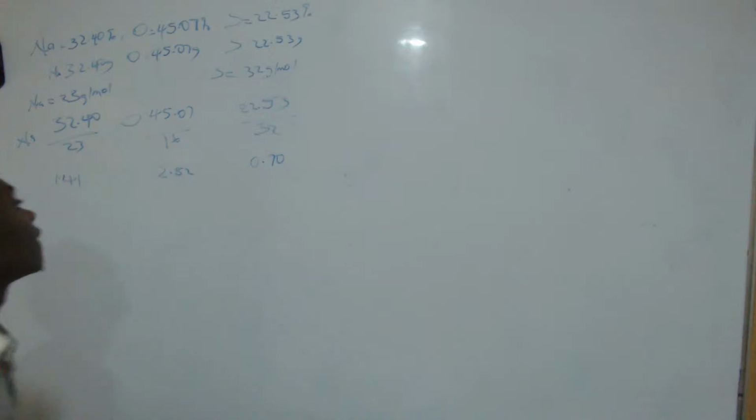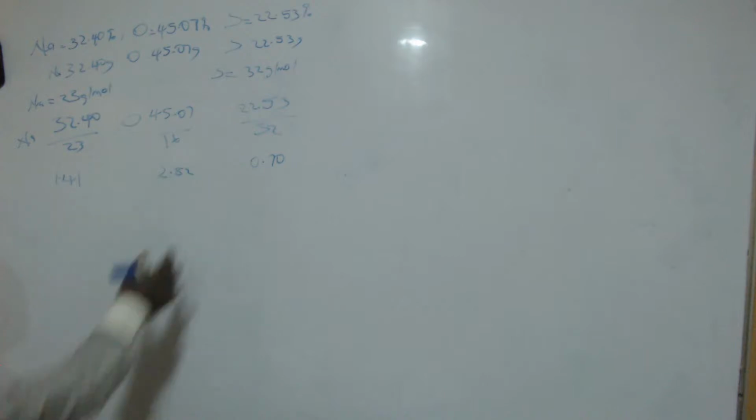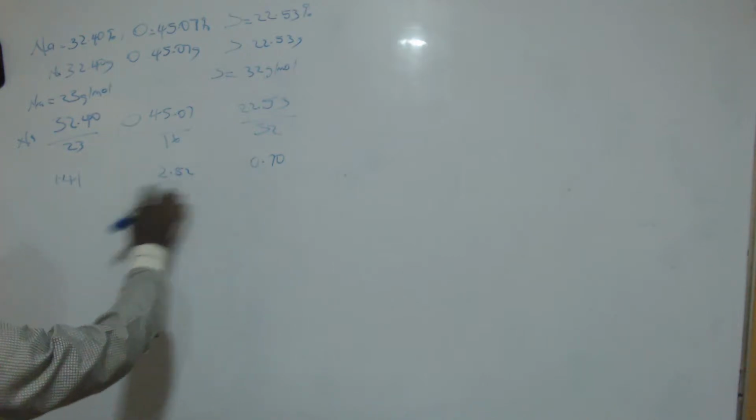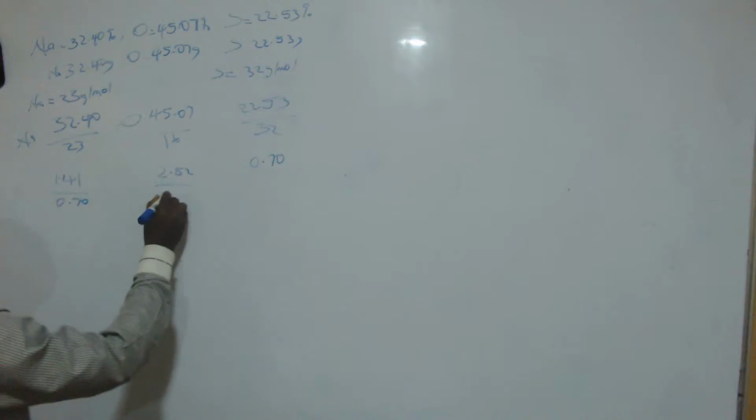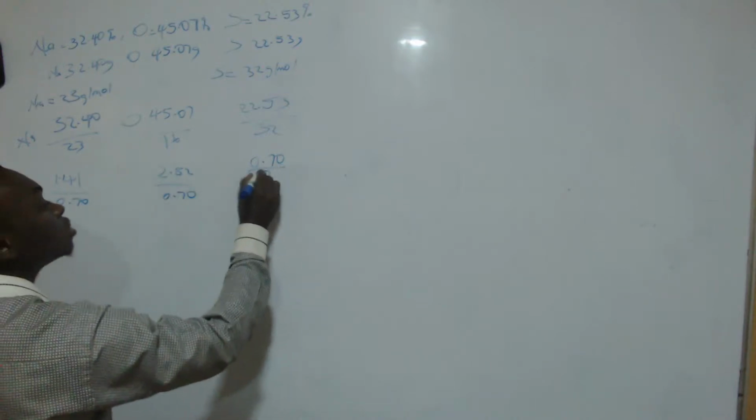Now the next one, I said you divide by the smallest amount. 0.70 is smaller than the rest. So divide each by 0.70. So that will be 1.41 divided by 0.70, which gives you 2.